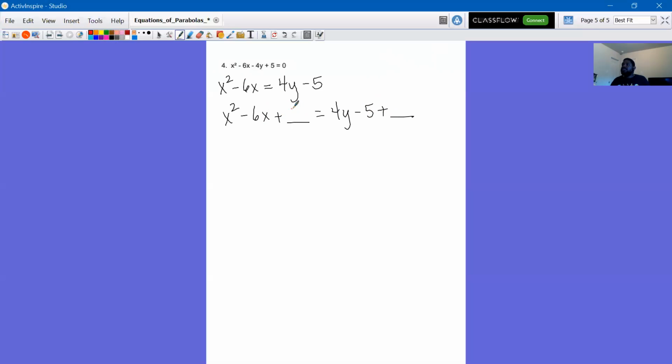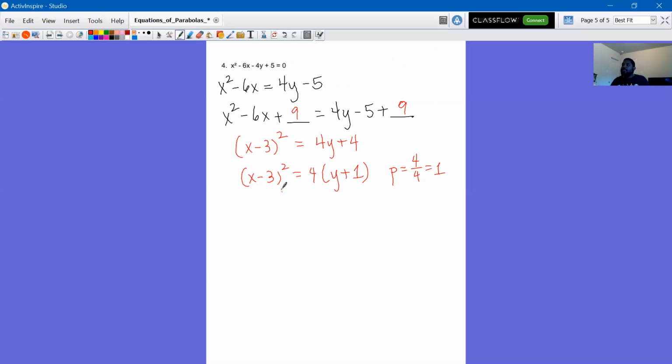So when we complete the square, we get 9 here. So we add 9 to the left and 9 to the right. Now we have (x - 3)^2 = 4y + 4. And we're going to factor out the 4. And then we're going to find p. So p is going to be 1.